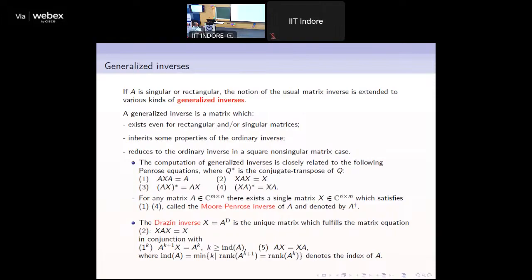First who discovered such inverse was Moore in 1920. But this result stayed unknown 35 years, and in 1955, Penrose discovered a very useful application of Moore-Penrose inverse in solving linear matrix equations and solving systems of linear equations.